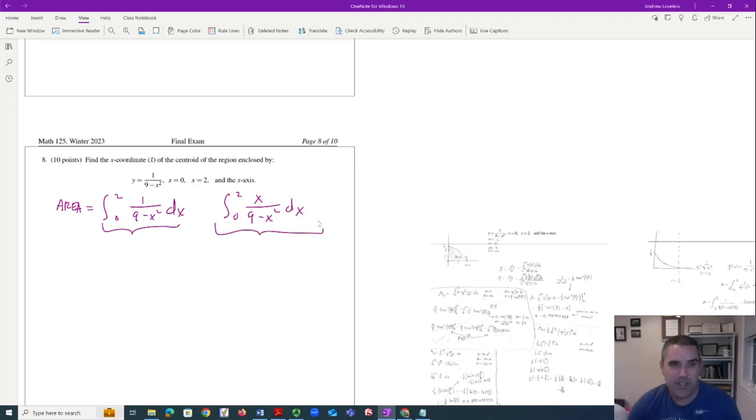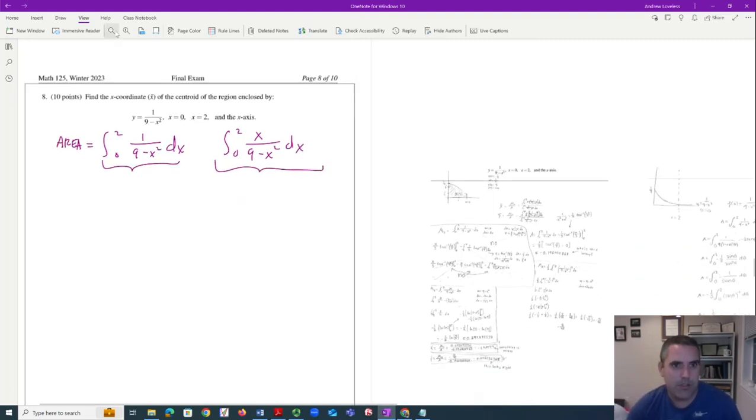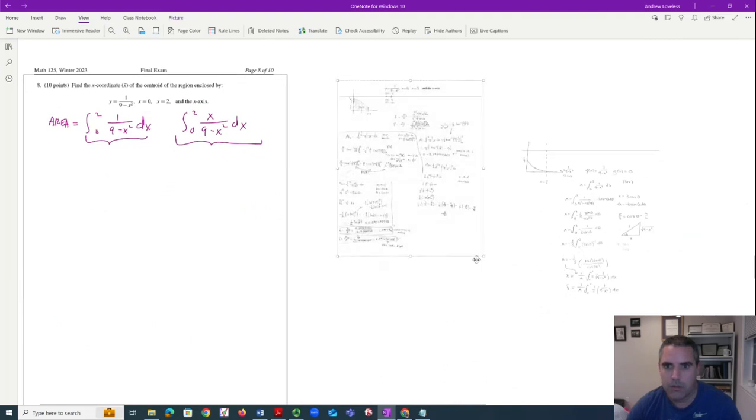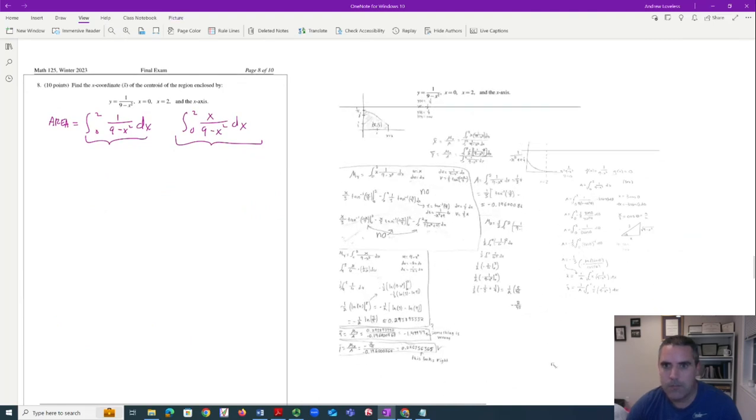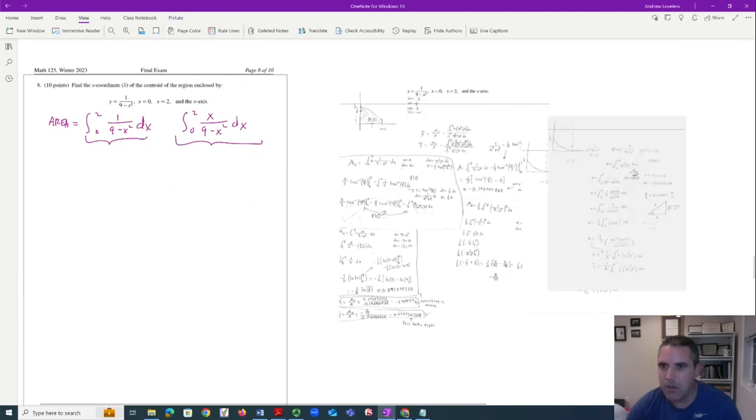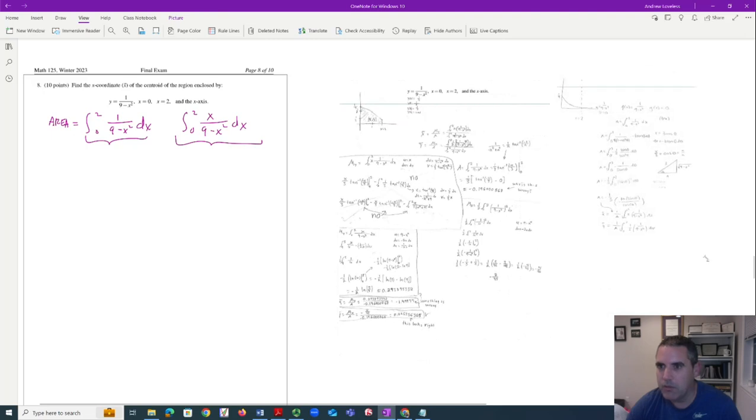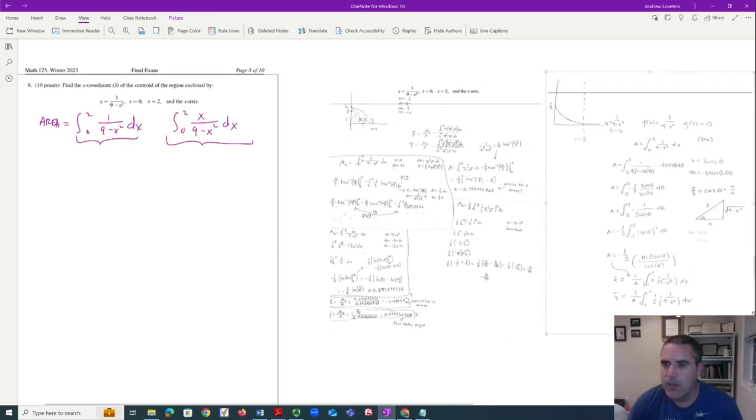What I find, and I saw this as I was looking through, people that got this wrong were often kind of disorganized, or they wrote stuff they didn't need to write and got themselves confused. This person tried to do Trig Sub when there's a clear other method that you could use. This person incorrectly used a formula from the table.